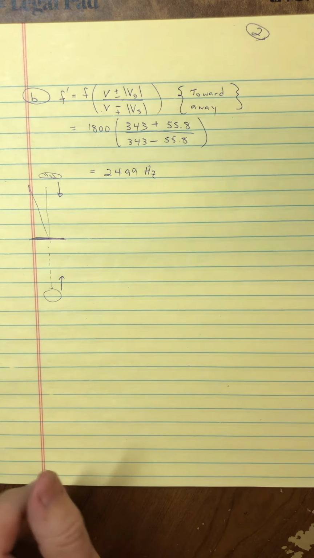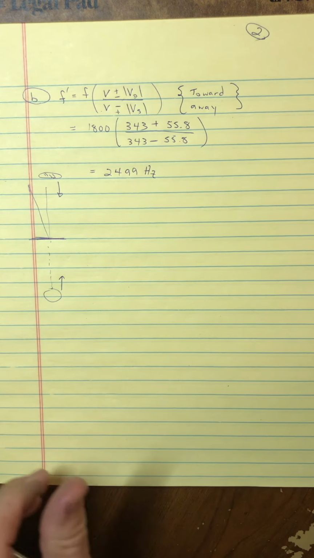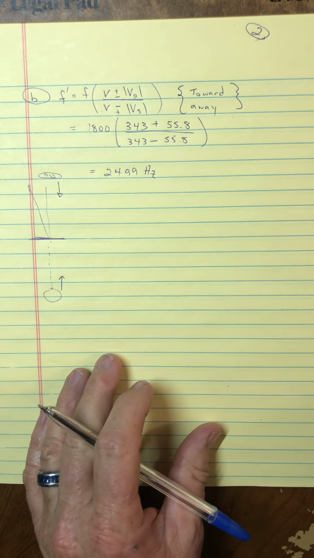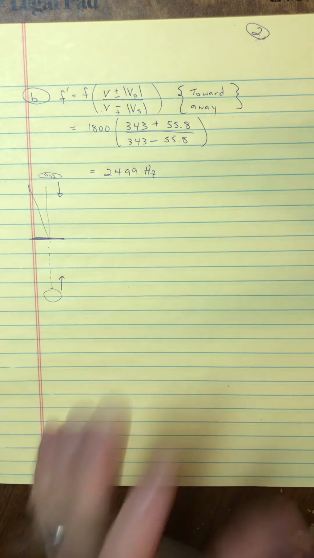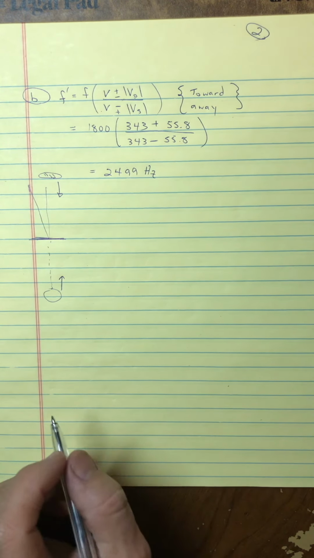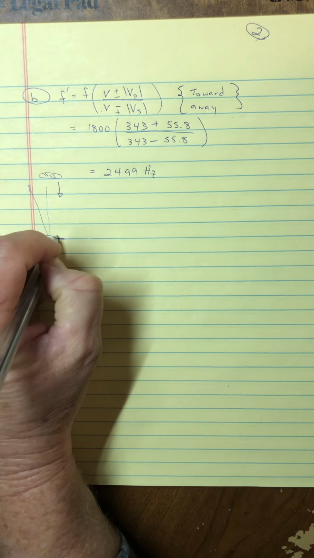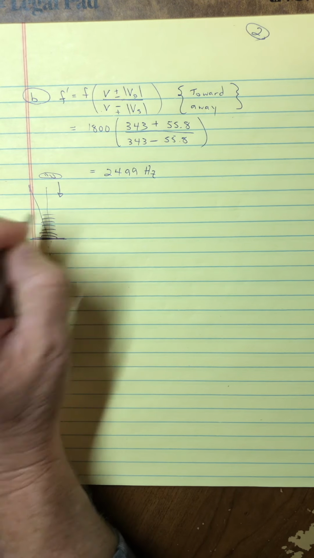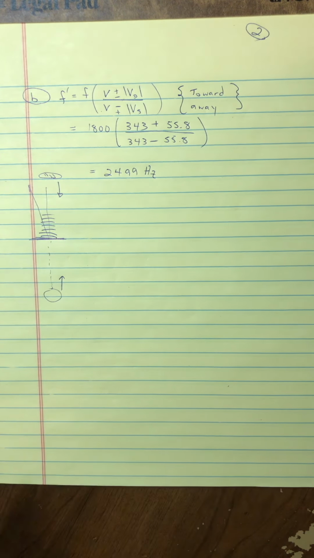Now, by the way, there is kind of a fun way to also do this, especially since we already did A. You could just think of the reflection off the ground as being the new source.